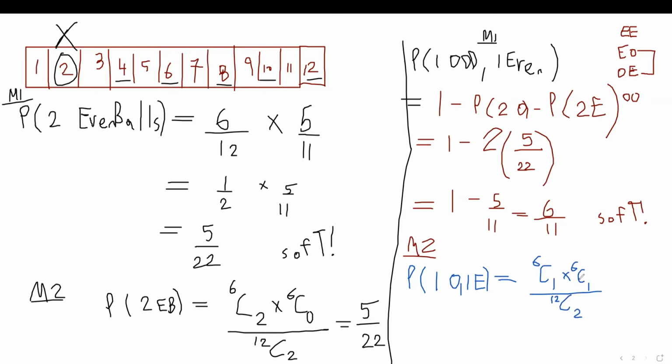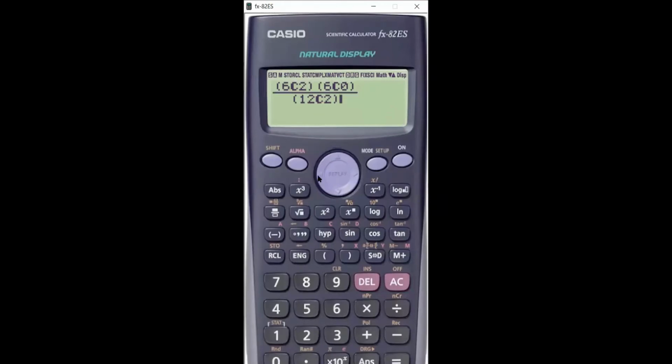So 6 choose 1 times 6 choose 1 over 12 choose 2, and you punch that in a calculator. You get 6 over 11, same thing.